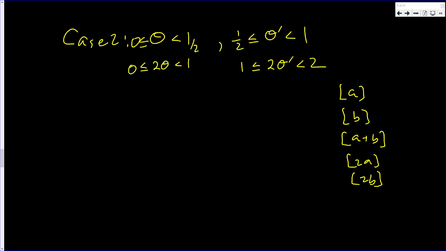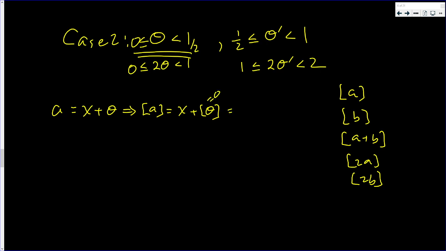Now, we know that a is equal to x plus theta. But theta is between 0 and a half, and x is an integer. This implies the greatest integer of a is equal to just x. Or you can pull the x out in front, and theta remains inside the greatest integer. But this is 0, so you get x.